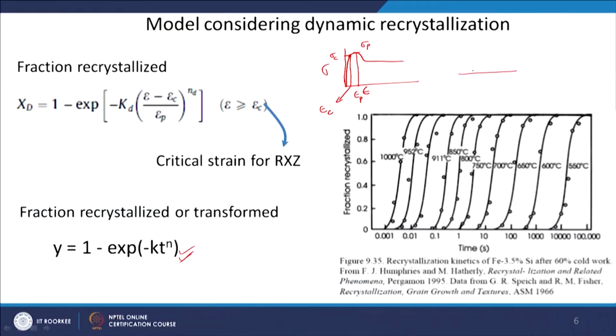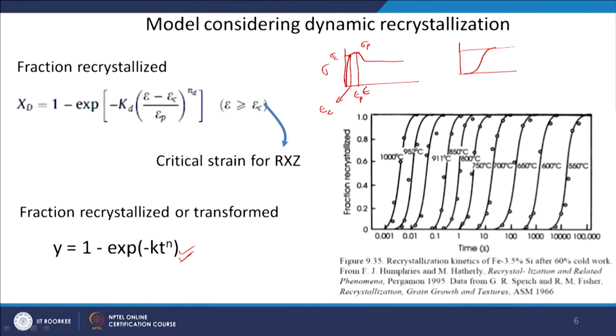So, the fraction transformed increases, and then as the volume of the parent phase becomes smaller and smaller, the kinetics decrease again. So, it has a very typical S-shaped curve, initially increasing exponentially and then decreasing.